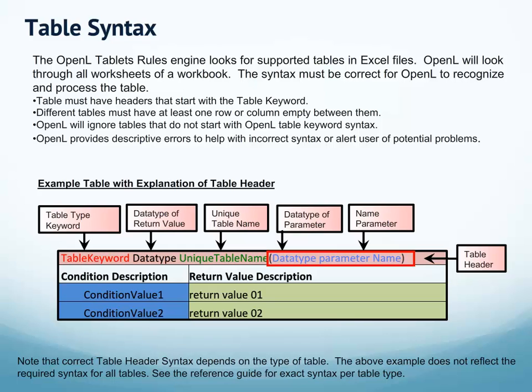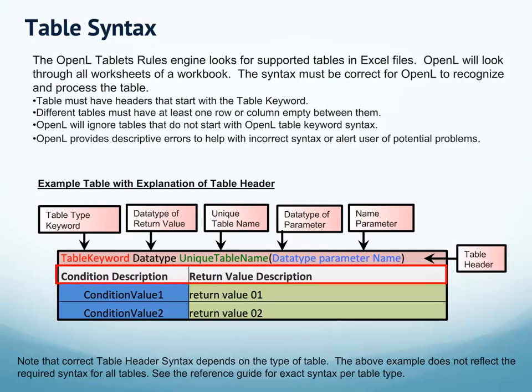A parameter's name can also be used inside the table to write formulas, or as we call them, expressions. A table may have many parameters passed to it, even though in the above example you only see one that's displayed. This data in the parameters is then going to be checked against the conditions that you enter.